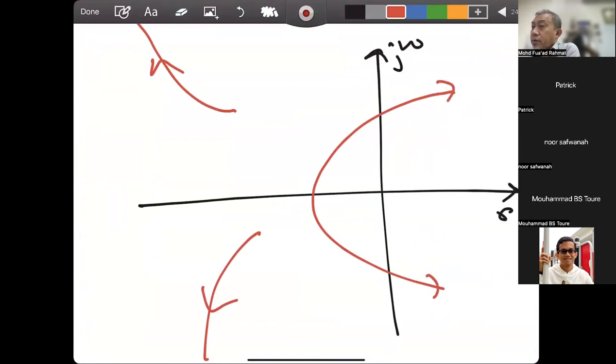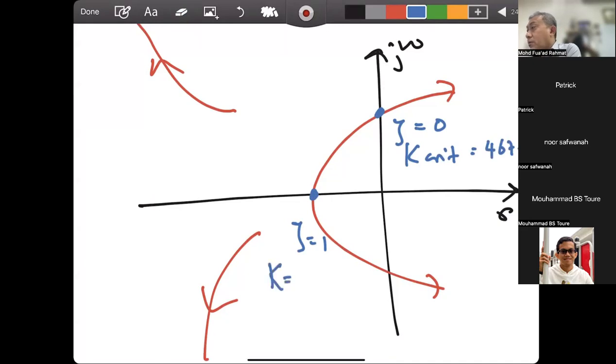We already have the value over here. This one is zeta equal to 0, zeta equal to 1. K critical is 467.2. This one is K, which is equal to 40.9.